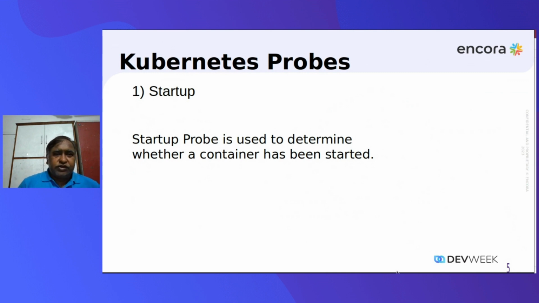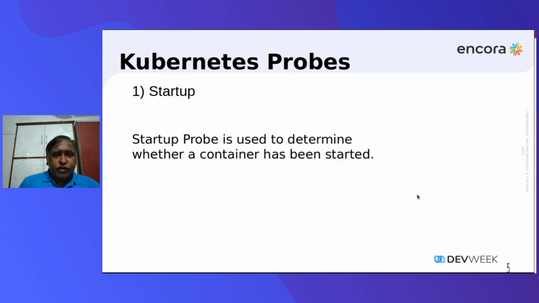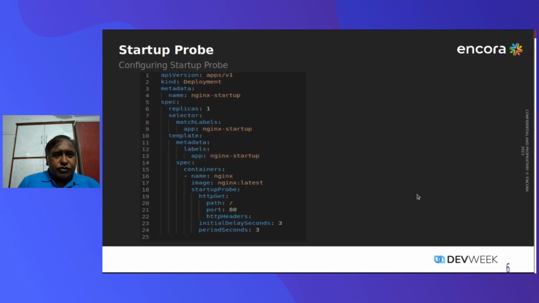So once the startup probe is false, in those cases, other probes like liveness and readiness are actually disabled. So only when the startup probe is true, the liveness and readiness probes will give the values.